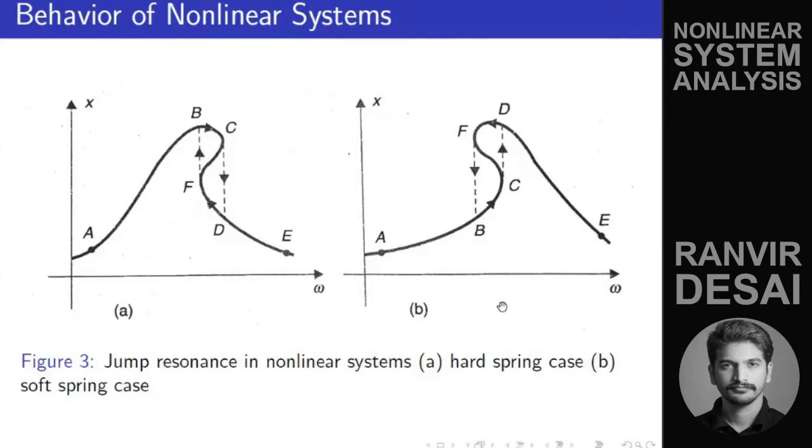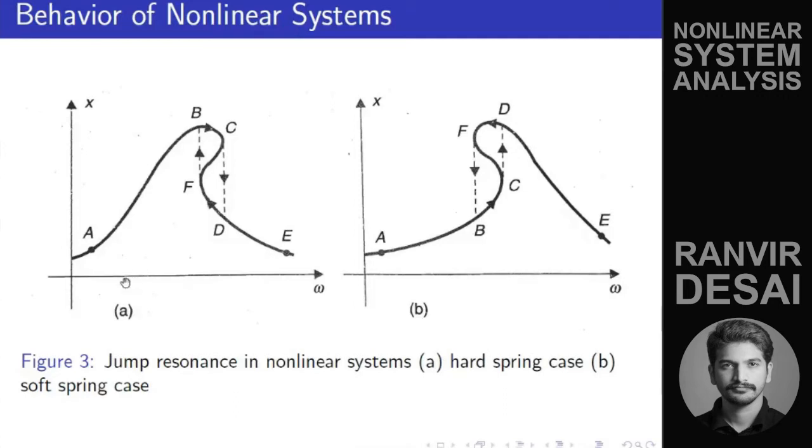What is interesting is that for a particular frequency in this region, there are multiple points in displacement. This behavior is called jump resonance. It also occurs in the case of the soft spring. You can see from the graphs that they are very different behaviors.